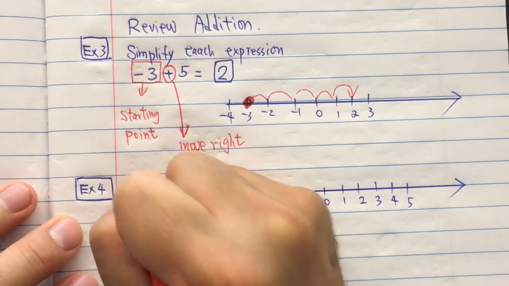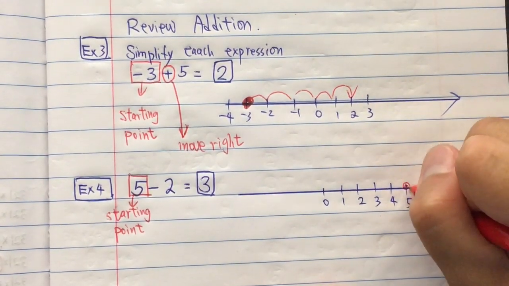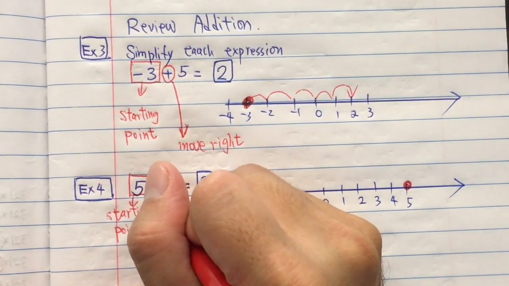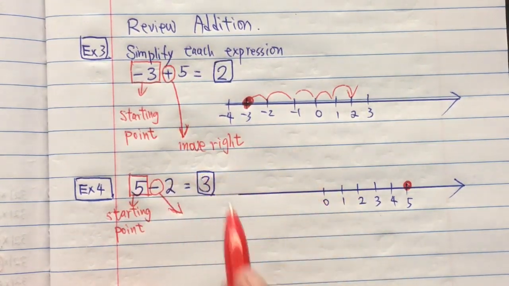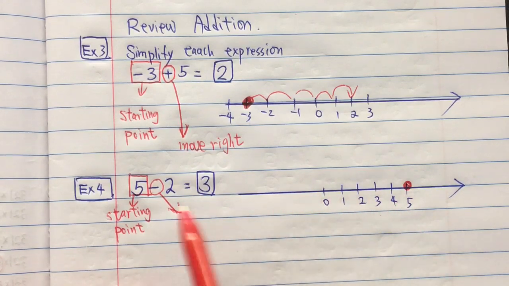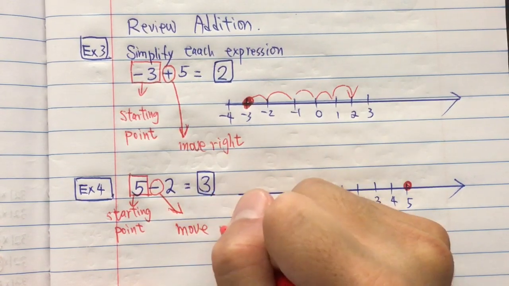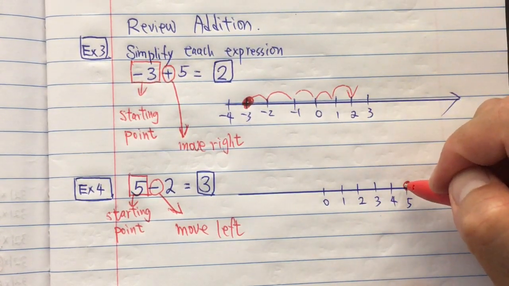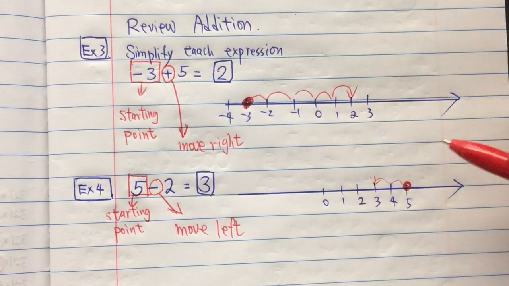Now, ladies and gentlemen, how about minus? What does it mean? Move right or move left? Think about it. Now we already know the answer is 3, right? So that means we need to move left. So we start from 5 and move left 2 units. So 1, 2. So that's the answer.